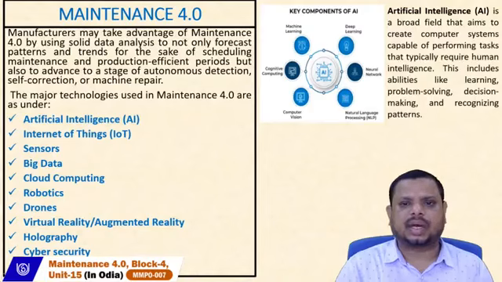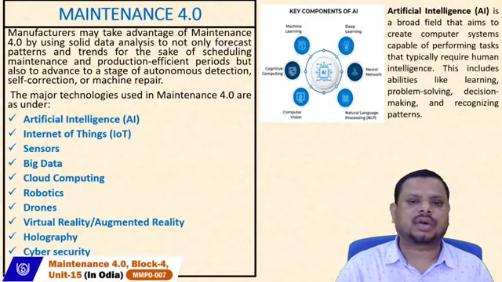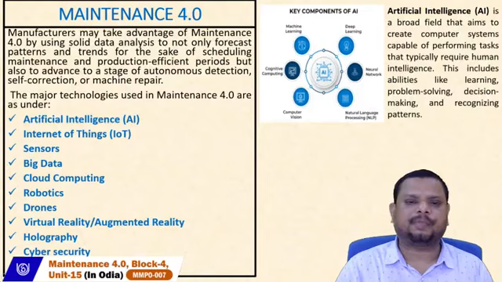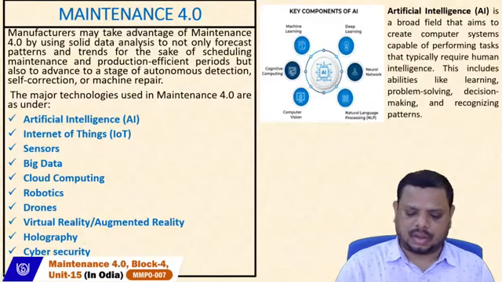That means deep learning, machine learning, neural networks, natural language processing, shortly known as NLP, computer vision, and cognitive computing. These are the key components involved, similar to human intelligence, and this includes the ability for learning, problem solving, decision making, and recognizing the different patterns of maintenance management.